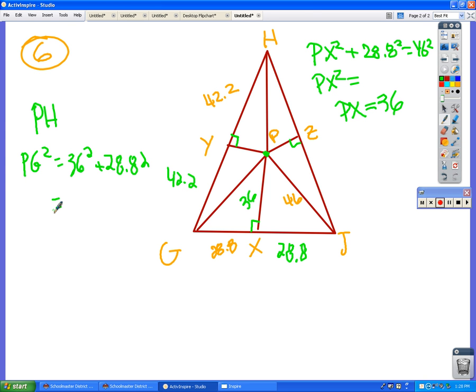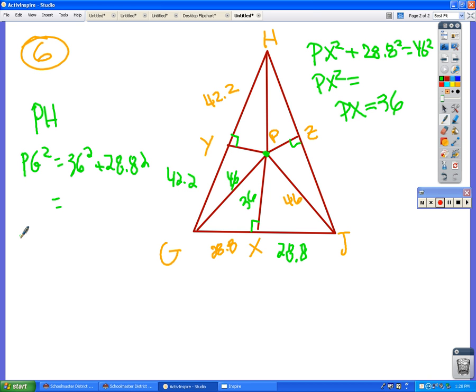So 36 squared plus 28.8 squared, it does come out to be 46? Okay, so does that mean that this is just going to be 46 too? I don't know either. Let's find out. So that's 46, because we have a little isosceles triangle going there. Is that what you were working with? Okay, so this is 46, this is 42.2, so now we can use that to figure out what this is.